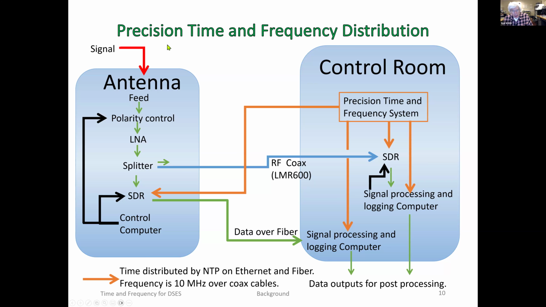And so what anyone who paid close attention to Artemis 2 knows is that we have an antenna with a feed. We had polarity control capability. We didn't use it, but we had it. We have a low noise amplifier as close as possible to the feed of the antenna.